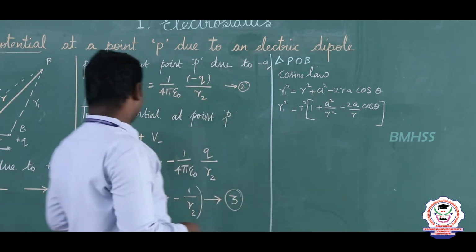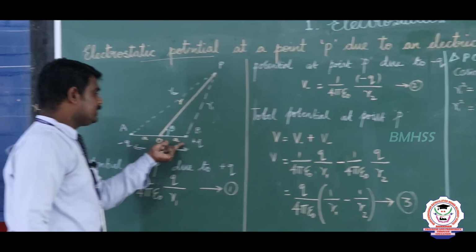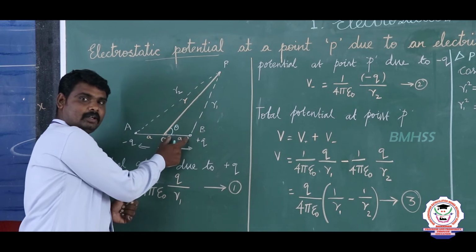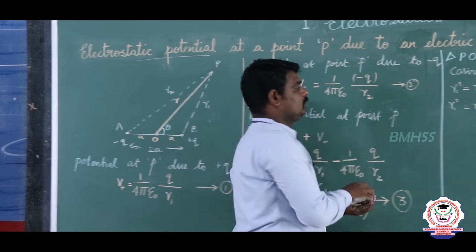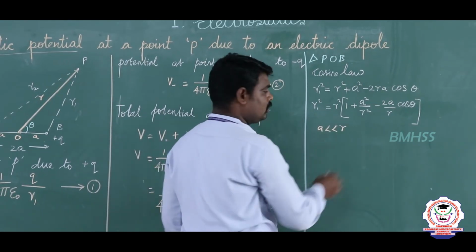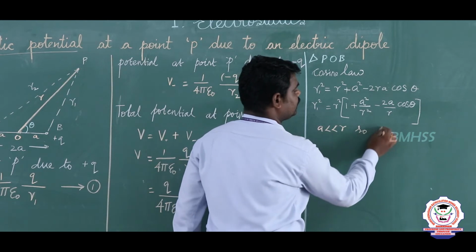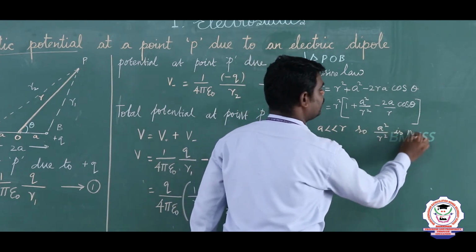Because if you compare a and r, the distance a is very small compared to r, so a is less than r. So, a square by r square is neglected.